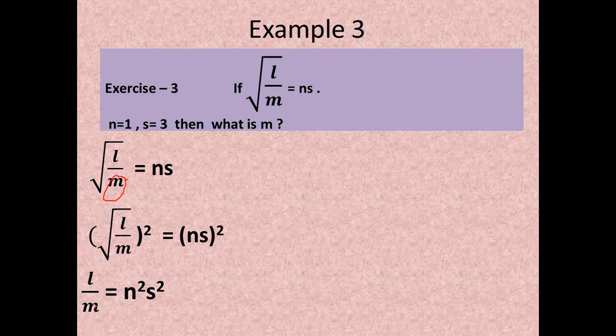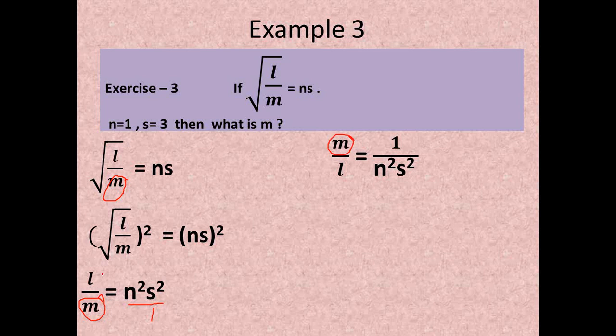Now M is in the denominator. N square s square, if you write it as a fraction, means n square s square upon 1. One way is that we find the reciprocal, so that m comes as a numerator.